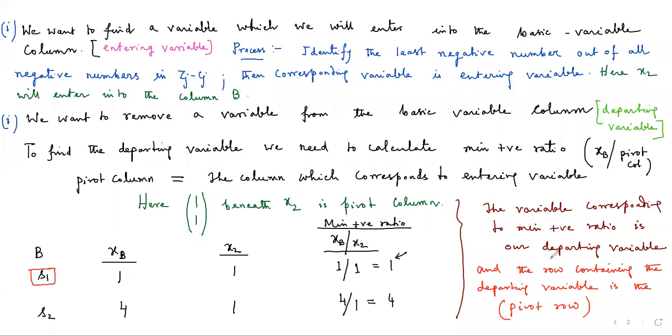Everything is now known, so we are in a position to construct the simplex table 2. And the construction is actually another phase of complicacy. Construction of simplex table 2 is having another phase of complicacy. I mean, if you are not comfortable with this, you have to be very careful.